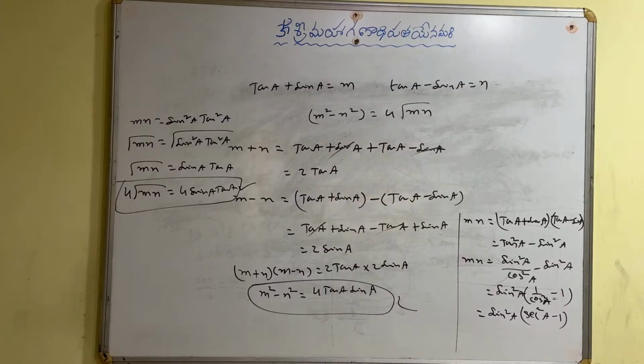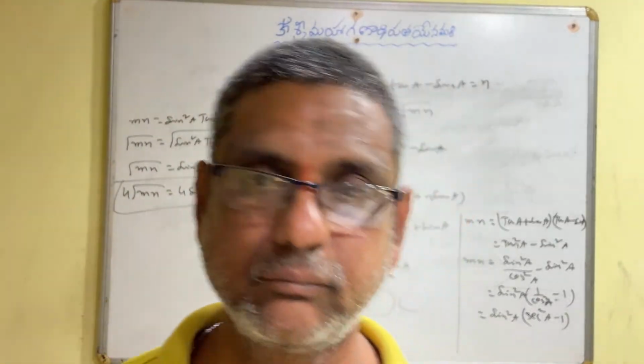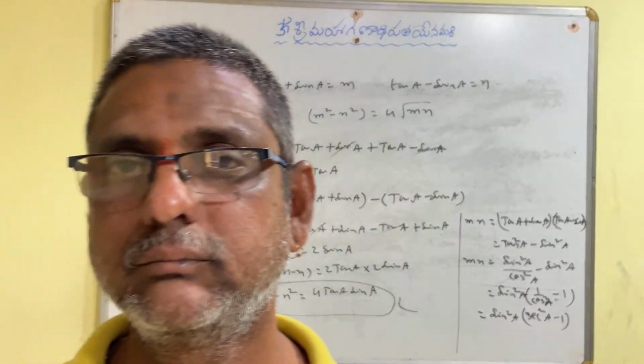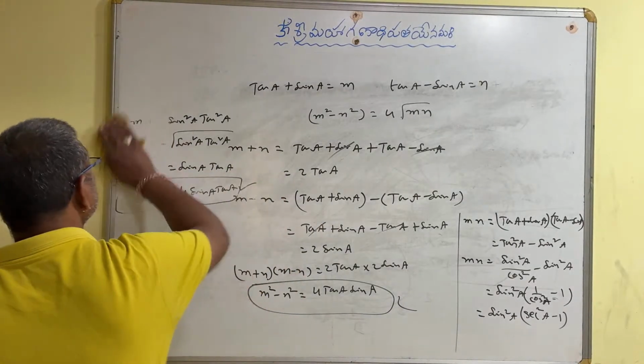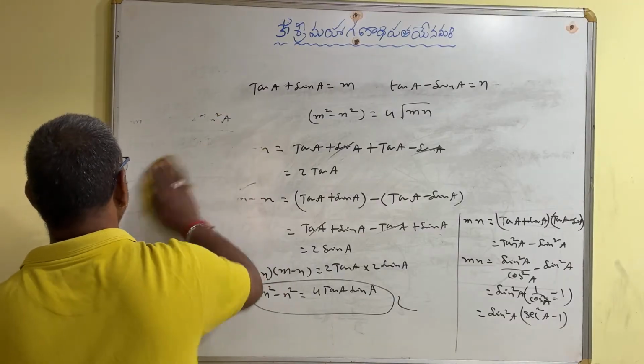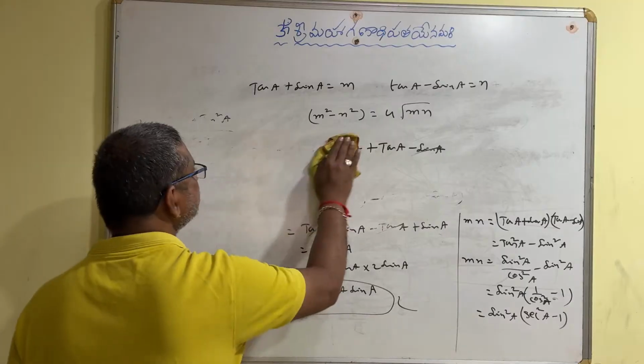Who are there in the class? Write your names. I want to see that. Aniket is there. Yuvraj.